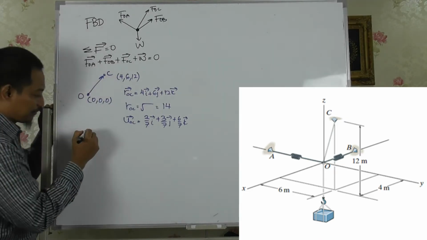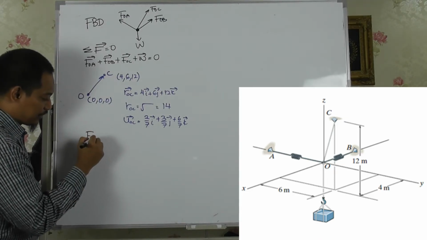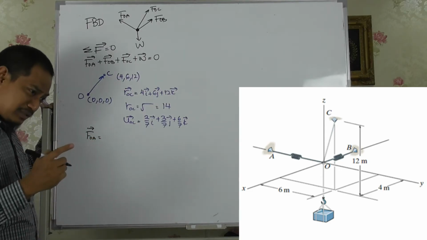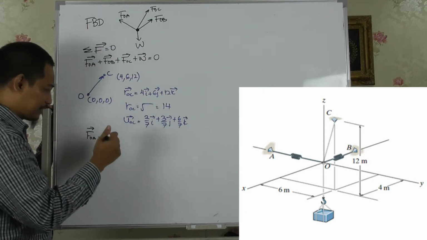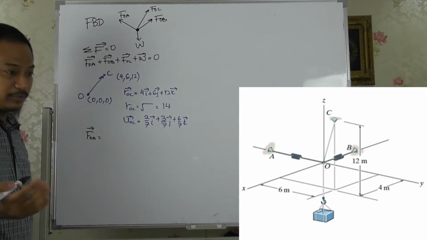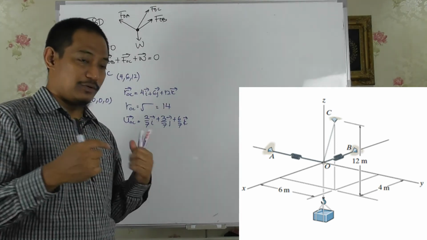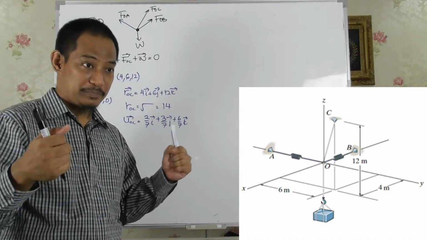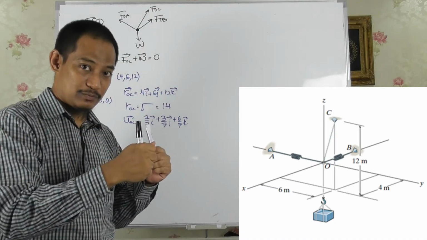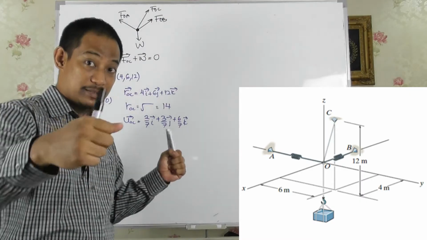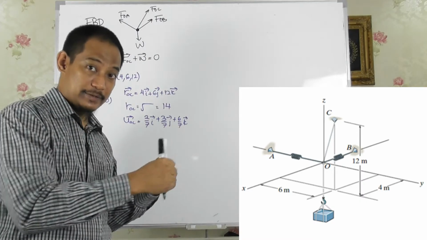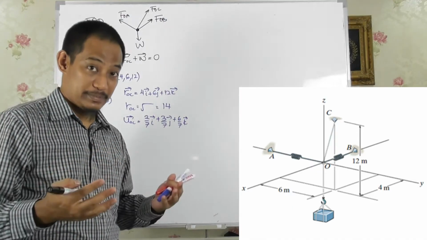So starting from FOA, the force OA is along the negative y-axis. Okay, we assume, now for a spring, the force can be either way, right? Because if you compress a spring, it will want to push back. If it is being stretched, it wants to return back, so it will pull back, right? So that's the two possibilities of a spring.